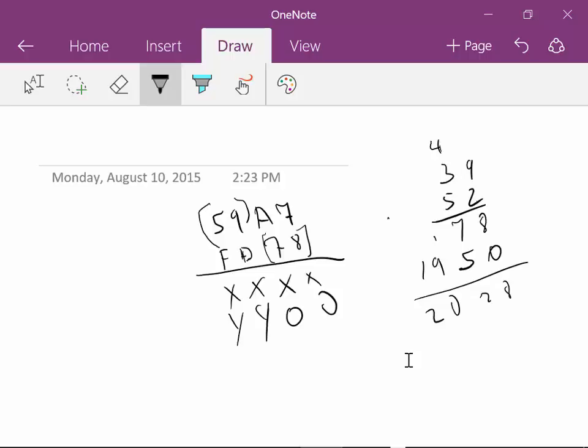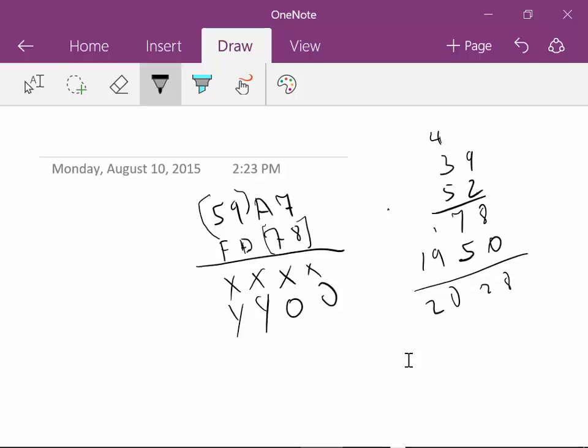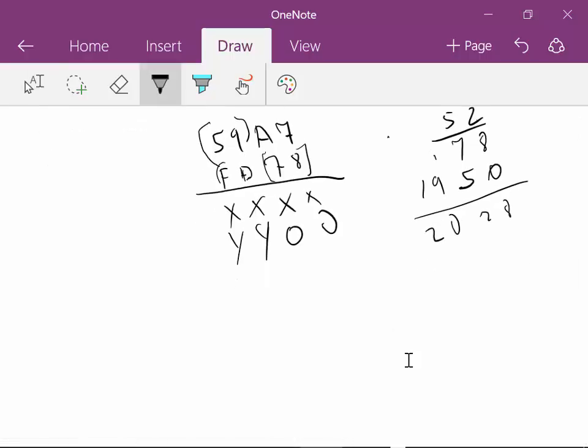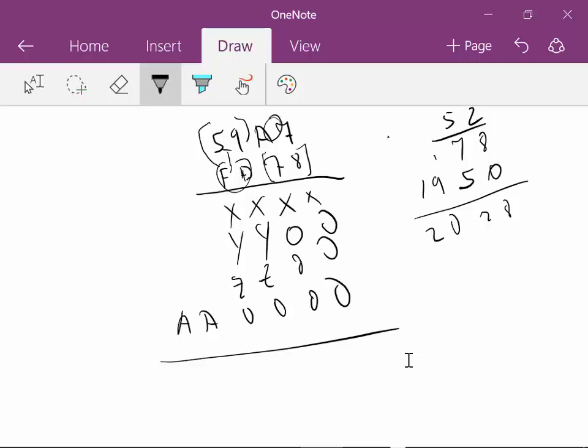These two are 0, 0. Then we multiply these two, and we get Z, Z, 0, 0. Then we multiply these two, and we get A, 0, 0, 0, 0. Excuse me, this is going to be Y.